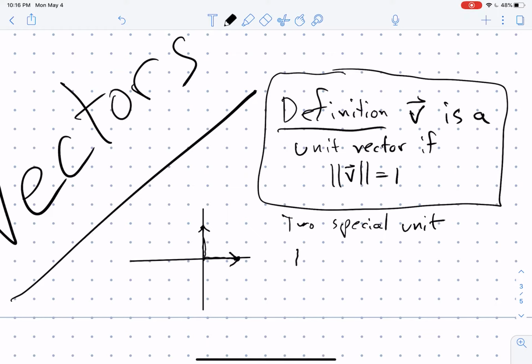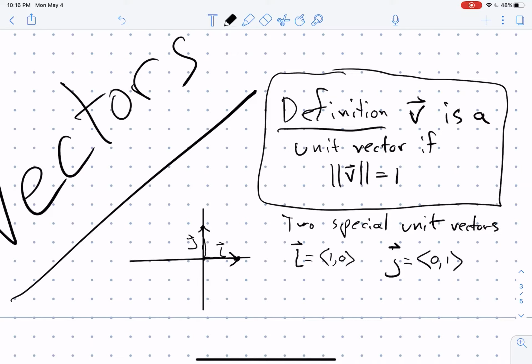They're called i and j. And we usually, instead of putting the dot on the i and the j, just put the little vector sign. i is the one that goes in the x direction. Its components are 1, 0. And j is 0, 1. This is i, and this is j. Okay, two special unit vectors.